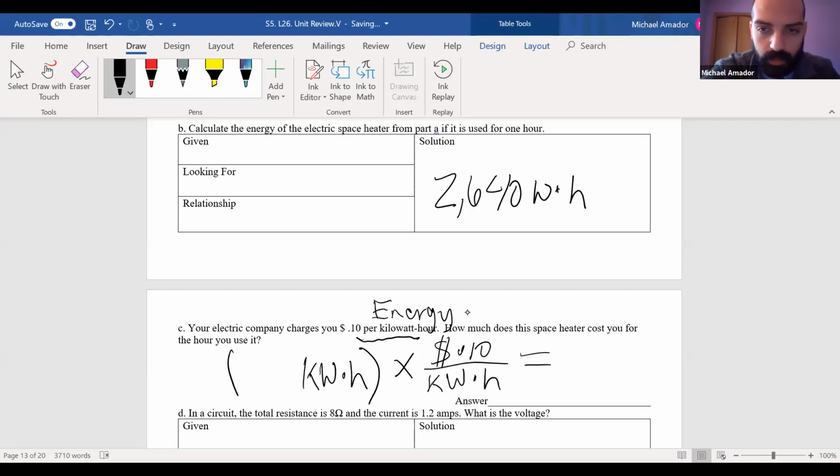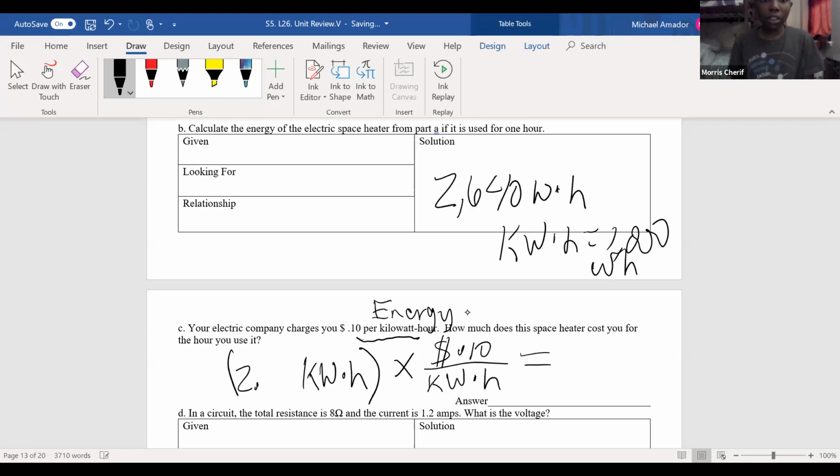Close. Remember that a kilowatt hour is equal to 1,000 watt hours. 2.64, there we go, 2.64 kilowatt hours. So now we multiply 2.64 kilowatt hours times 0.10 dollars per kilowatt hour.